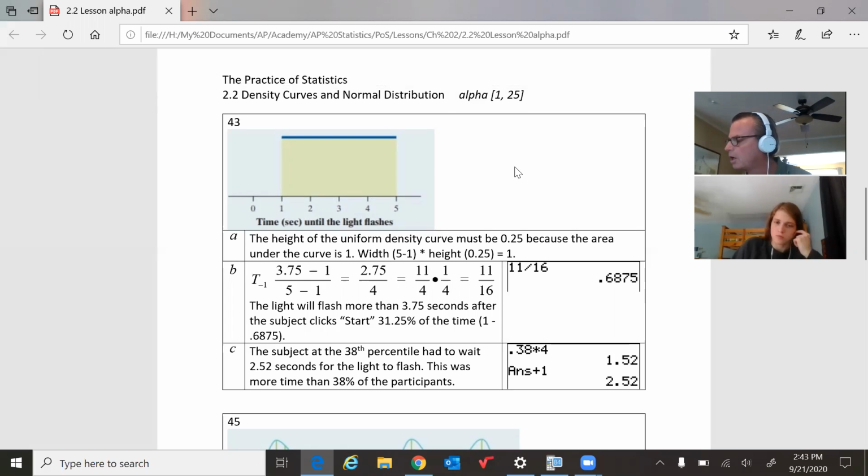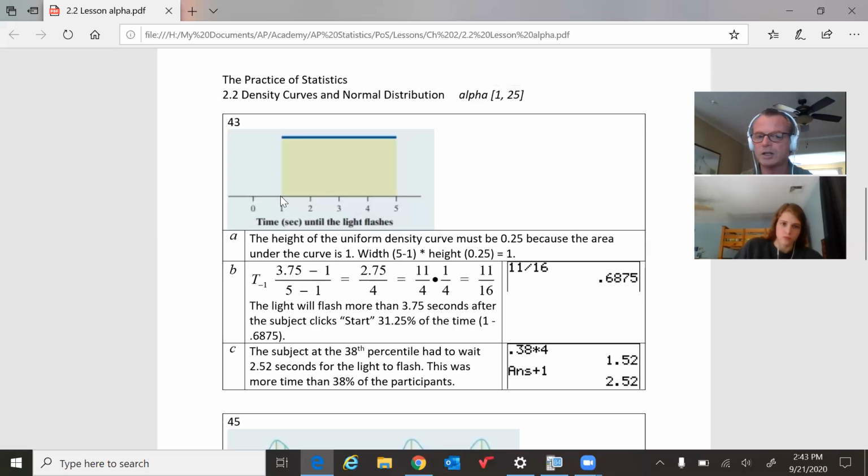But B is confusing because B asks what percent of the time will be more than 3.75 seconds? So we're here. There's 3.75 seconds, and we want more than that. In order to make this easier to understand, I shifted everything.